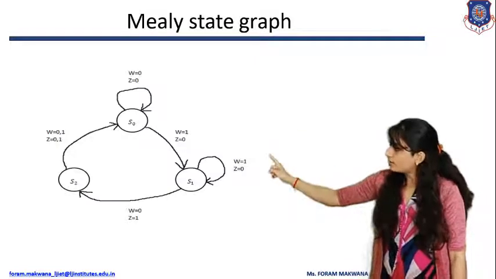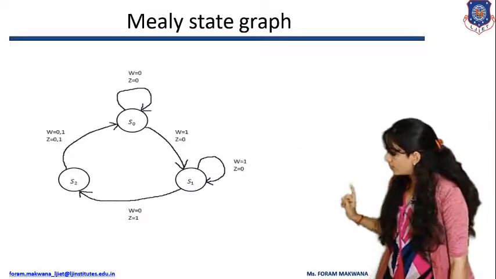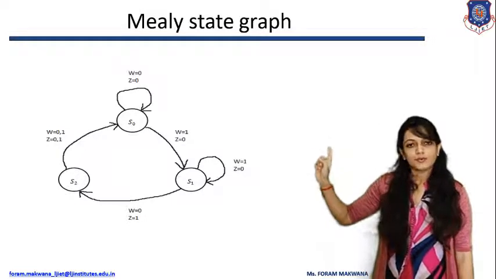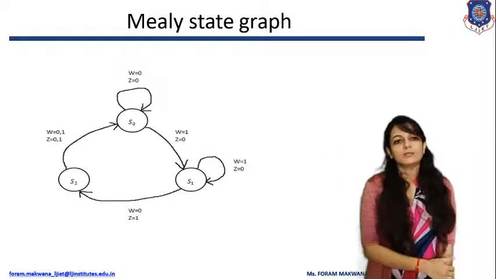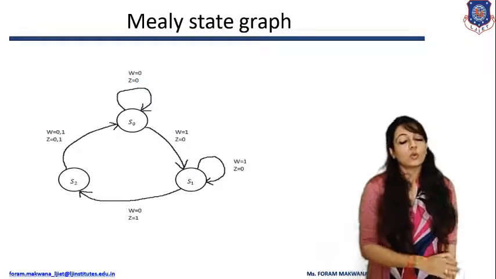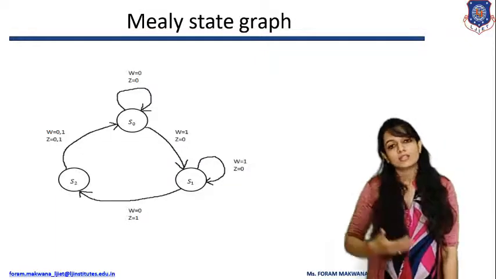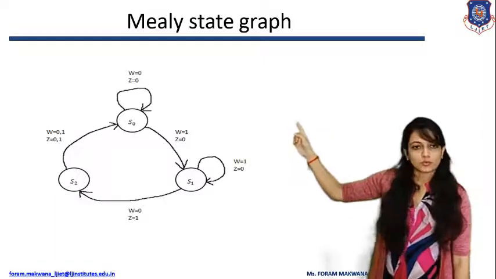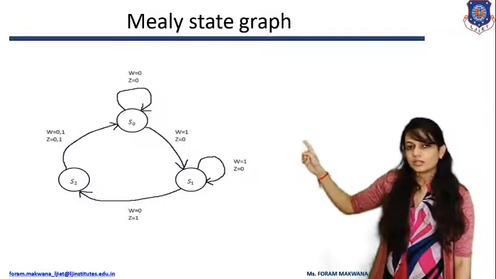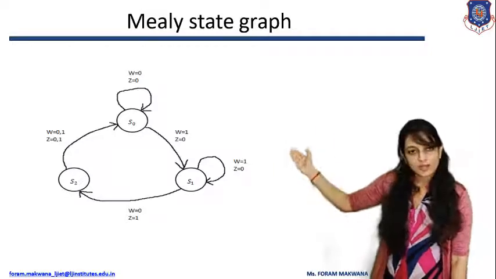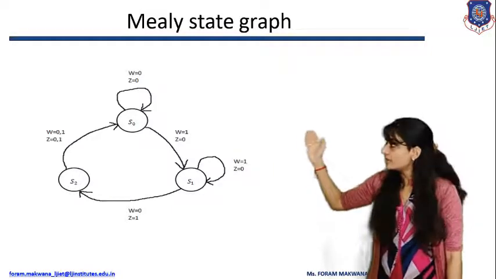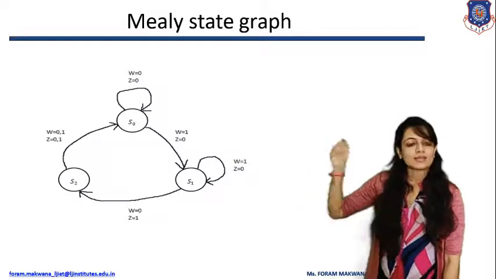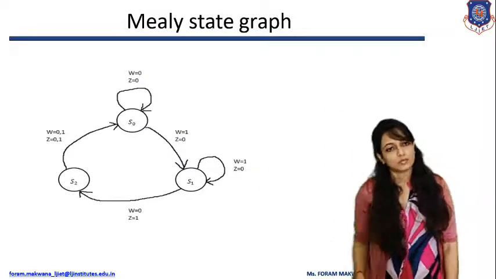My S0 is 00, S1 is 01, S2 is 10. Now, if my input W is equal to 0, what is my output and what is my next state? First, I am focusing on input equal to 0. My output is equal to 0 as well, and my state is not going to be changed. So my next state is going to be the same as my present state, that is 00.